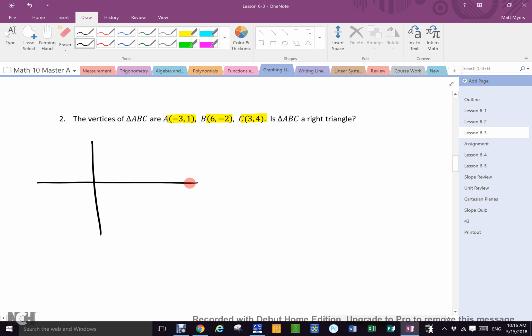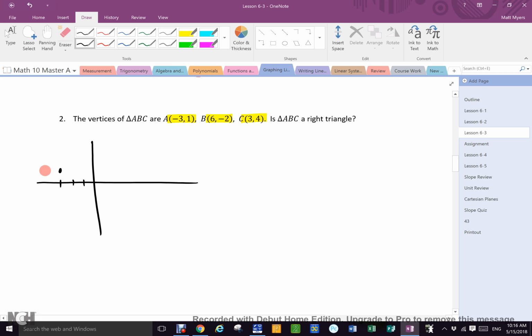Where is negative 3, 1? Left? How far? 1, 2, 3. And where's the 1? Up 1.